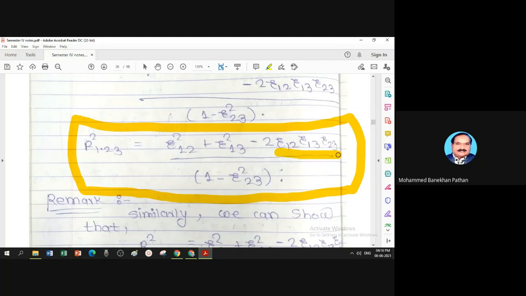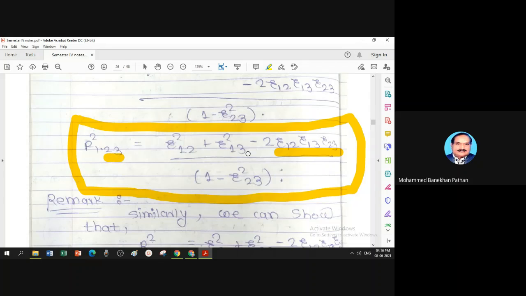There is no choice here. It is compulsory for all three derivations. So no change here. Divide by 1 minus the square of the correlation after dot to remember.